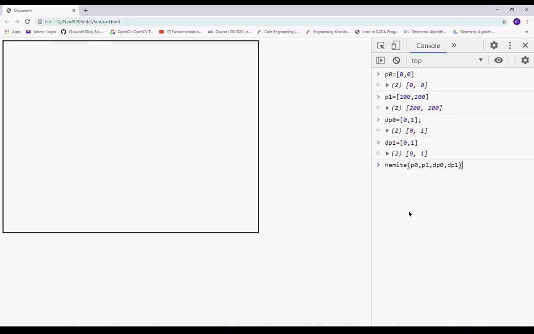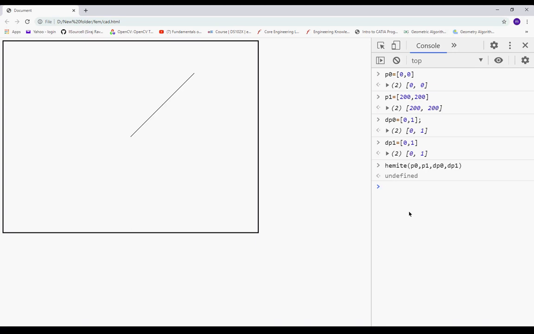Okay, if I hit enter, I got this line. I don't know why I got only a straight line. It should actually be connected with multiple curves. Okay, so now we have to debug it.